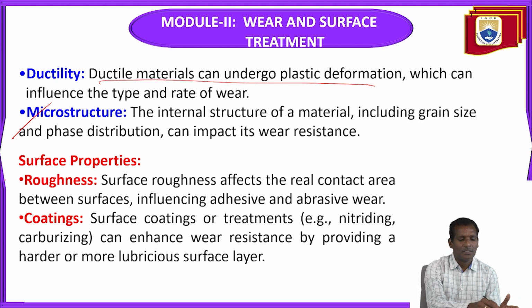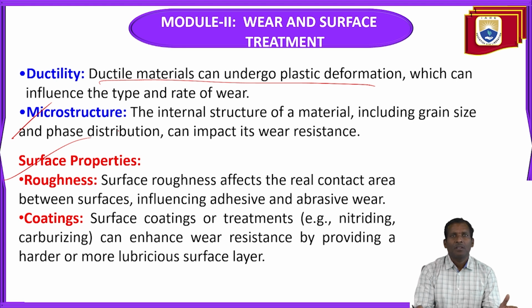The next one is surface properties. Roughness: surface roughness affects the real contact area between surfaces and influences adhesive and abrasive wear. Coatings: surface coatings and treatments, for example nitriding and carburizing, can enhance wear resistance by providing a harder or more lubricious surface layer.